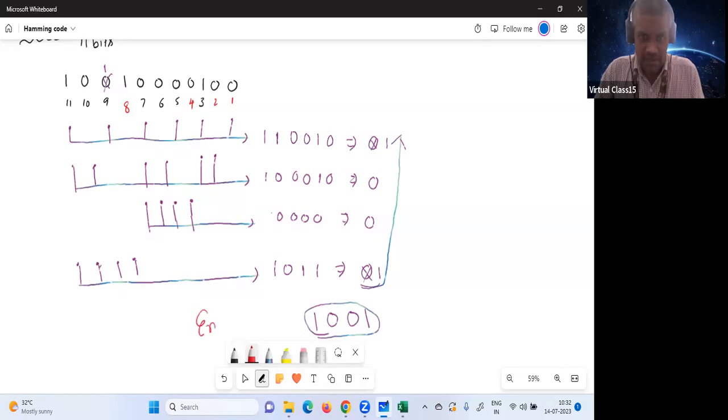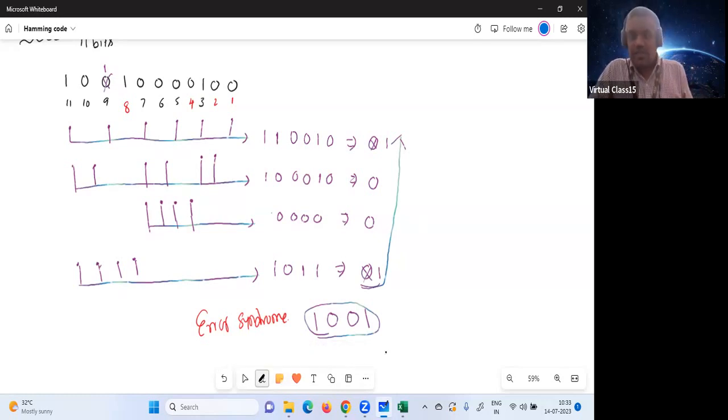So the meaning is, if you compute the error syndrome and it is 0, there is no error.